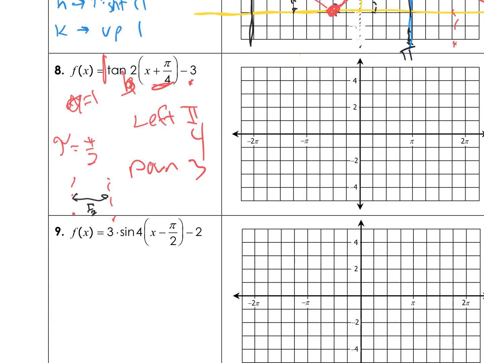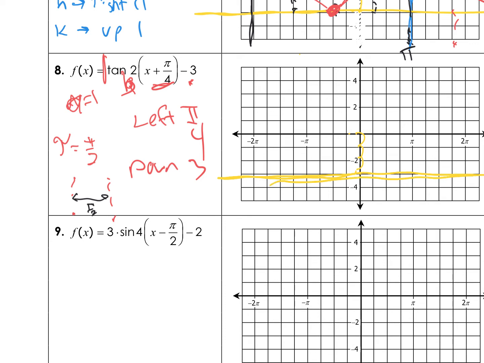Let me ignore my x and y axes and realize that my midline changes to down 3. So I'm going to use my yellow. This 1, 2, 3 is where my midline goes.